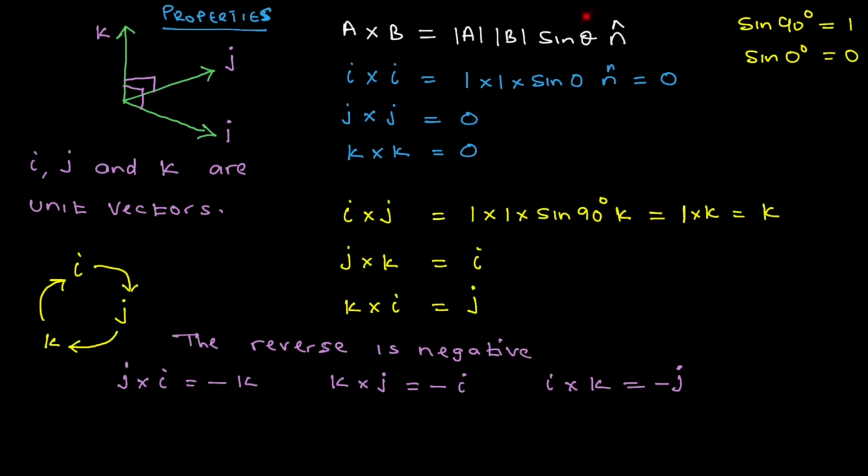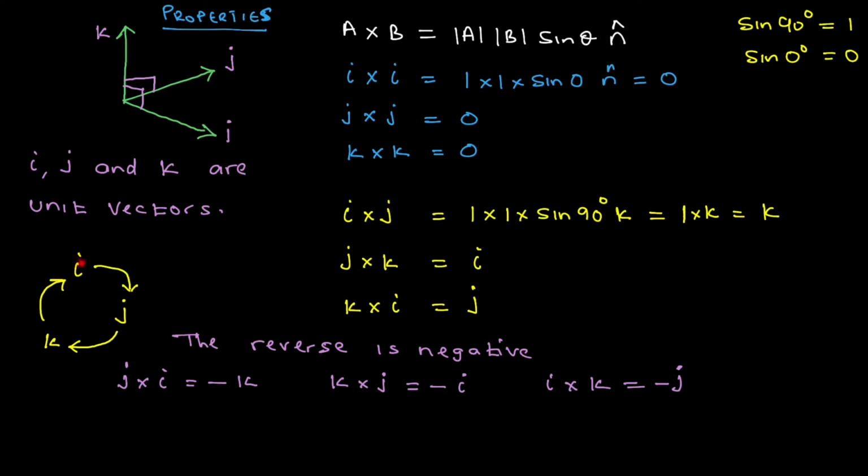You can see that's the k there. So that would be sine 90 times k, which equals 1 times k, which is k. So i cross j gives k.